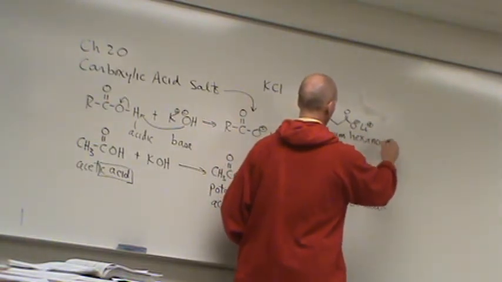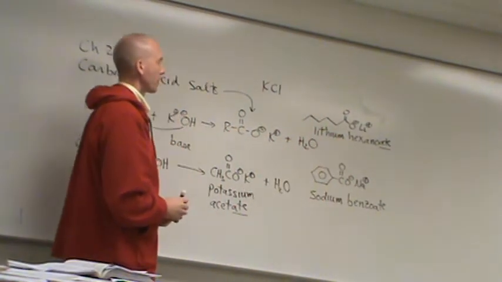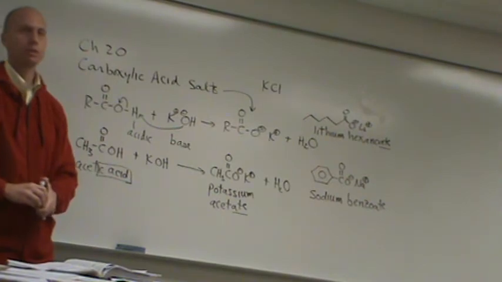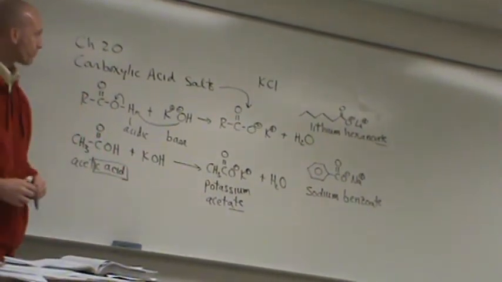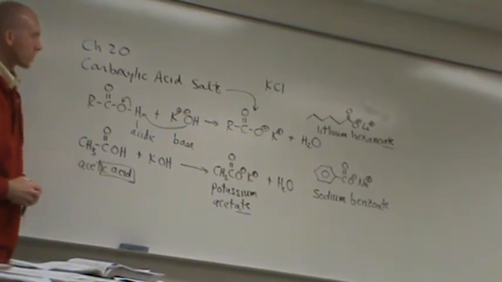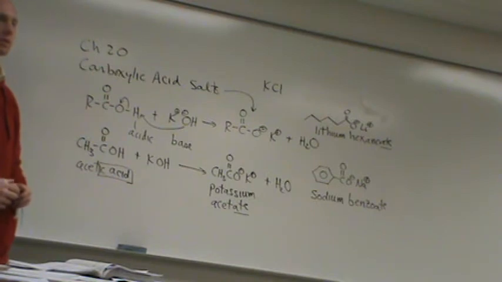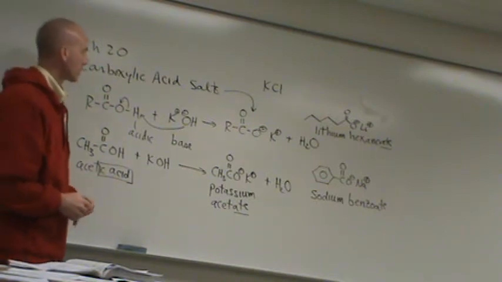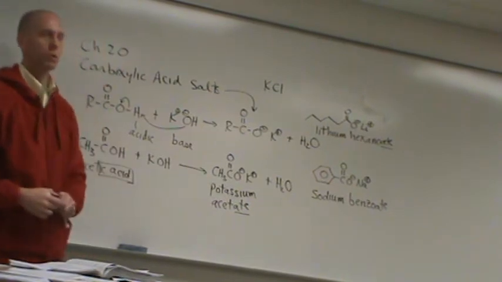So drop the ic acid and add ate. So you get lithium hexanoate. Okay. Any questions on how to name carboxylic acid salts? Okay. So that's the first thing we want to look at these things for.